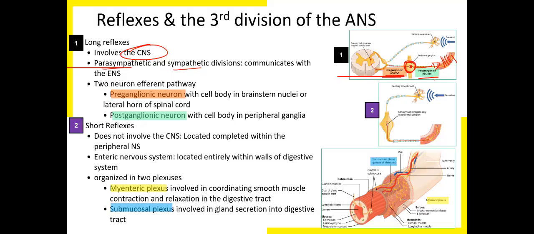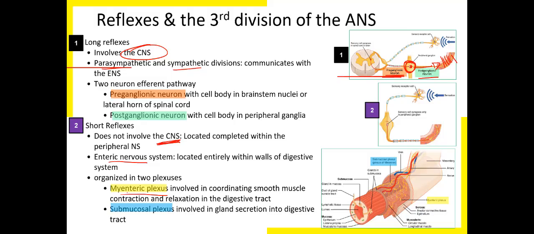The short reflex is one that does not involve the central nervous system. So the short reflexes are the ones that are contained within the enteric nervous system, which is contained entirely within the walls of the digestive system. Short reflexes include neurons that are involved in smooth muscle contraction.